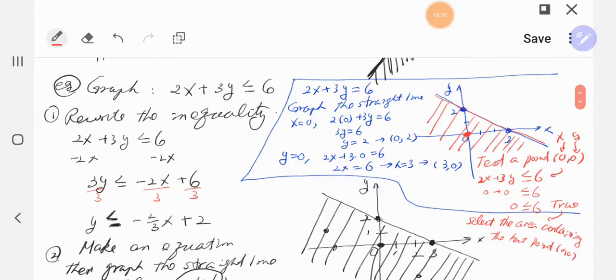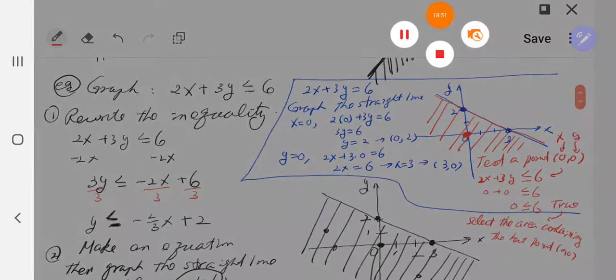Make sense? If the inequality is false, then 0, 0 is not a solution. So the solution will be the other side, so it will be above the line, right? But in this case, 0, 0 is a solution. So we will select the area that contains this point. Make sense?